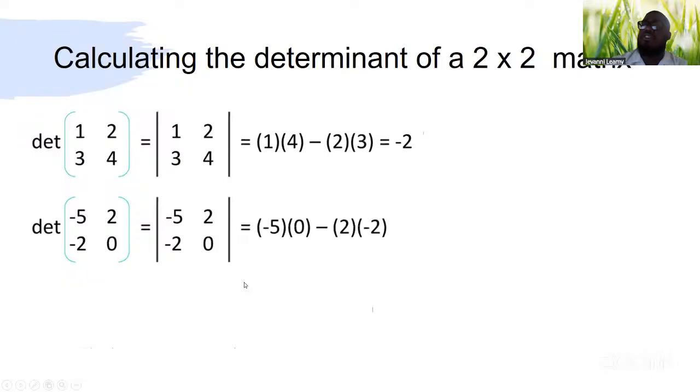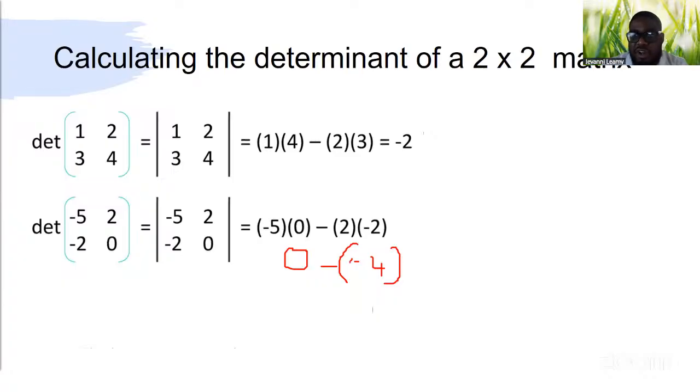But yes, -5 times 0 is 0. Let me just write it down, just in case you might not be seeing it. So you'll have -5 times 0 is 0. You have the minus sign. What is 2 times -2? That's -4. And you might ask yourself, is -4 the answer?